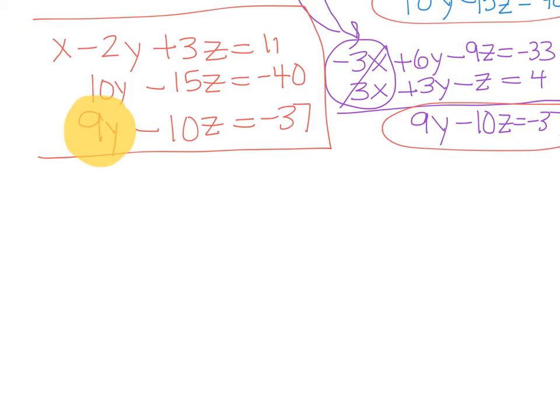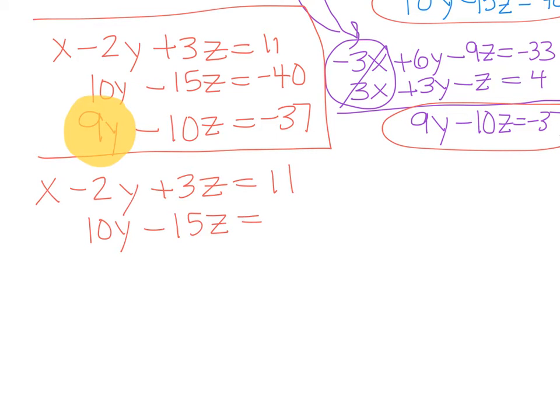So I'm going to leave equation 1 alone, and if you want, you can recopy it if you need to. Equation 1 is going to stay, and equation 2 is going to stay. The one that needs altered is equation 3, because I need to make that 9y go away.